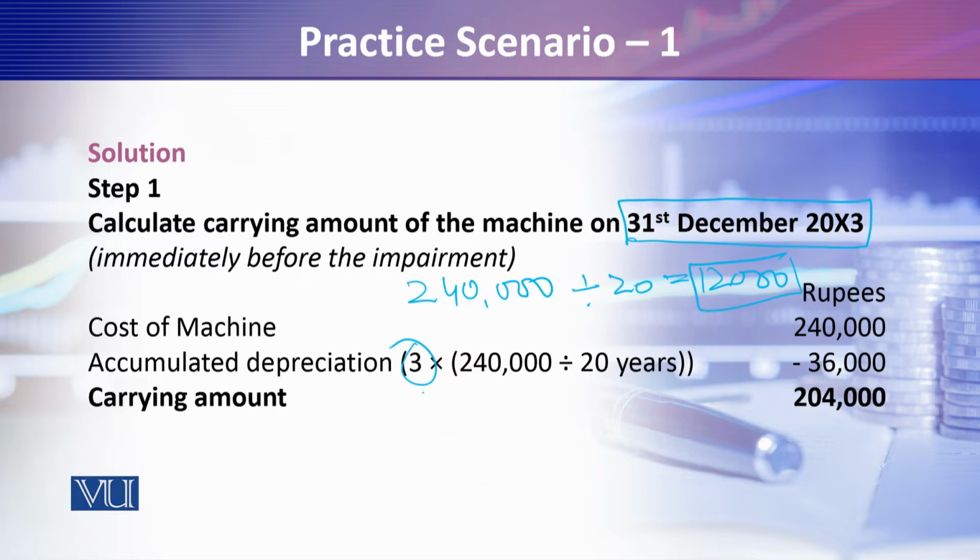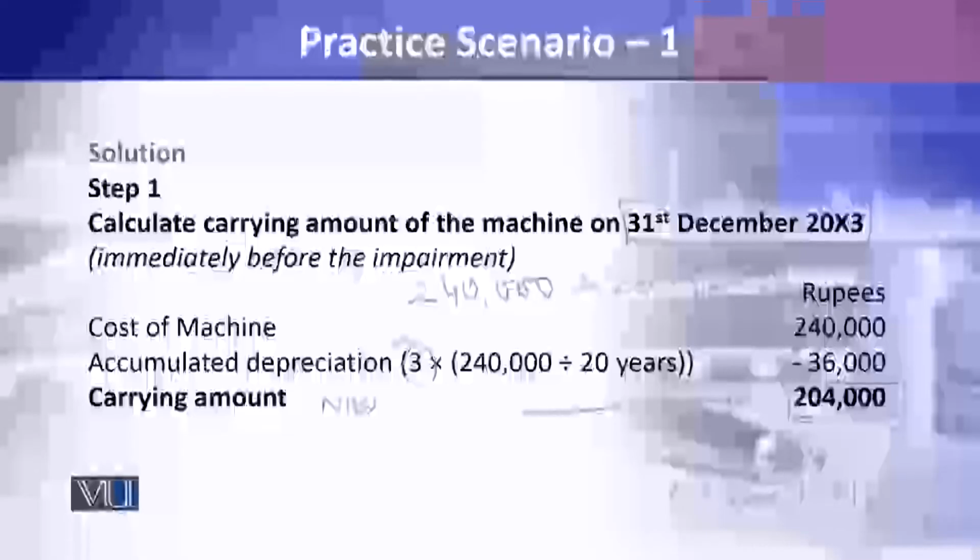And that 12,000 times 3 will produce 36,000 as accumulated depreciation on 31st December 20x3, leaving 204,000 as carrying amount or net book value, which will obviously be carried forward, and you will see this is the amount on 1st January 20x4 as a brought forward balance. Okay, so this is step 1.